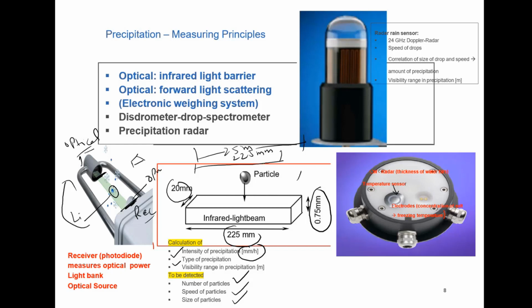This is overall the total thickness which we consider above the radar surface, and these are our electrodes, which we use to measure the freezing temperature as well. And this is the radar rain sensor, through which we can derive the amount of precipitation along with the visibility, which we measure in meters.